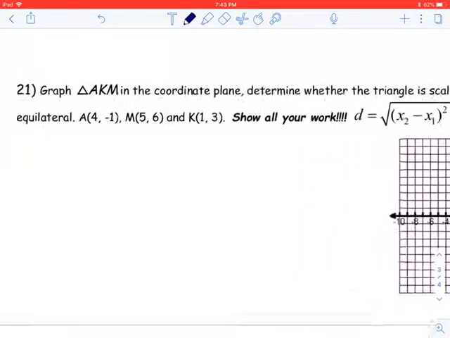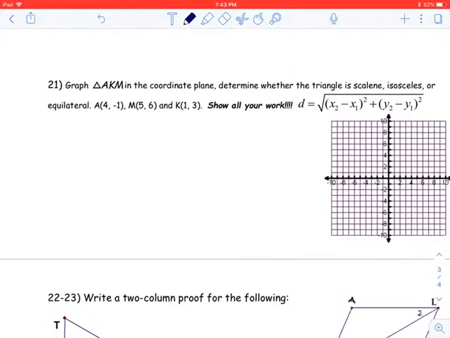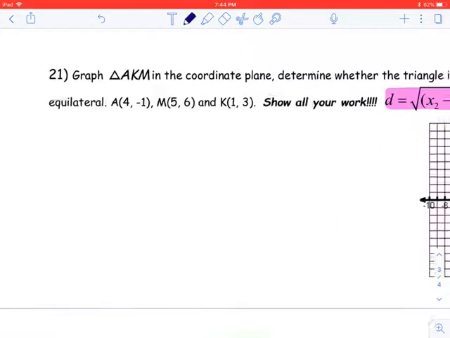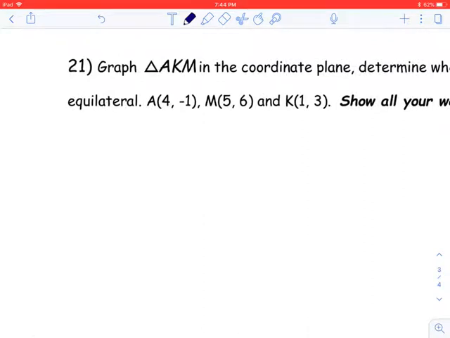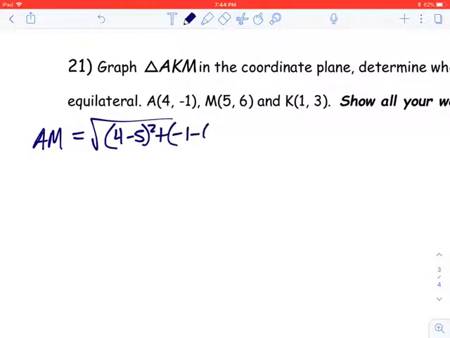So I've got to find the side lengths of these, and I'm again using the distance formula here. Okay, so you've got to be able to use the square root button. So for AB, or in this case AM, this is going to be x minus x, which is 4 minus 5, plus negative 1 minus 6 squared. So both of those are subtract and square.